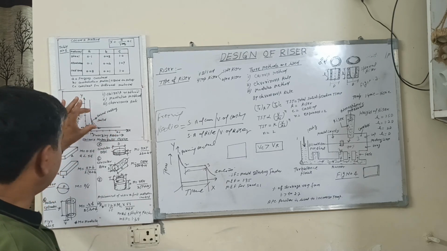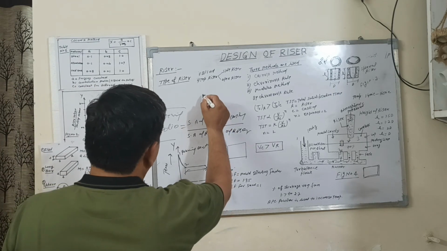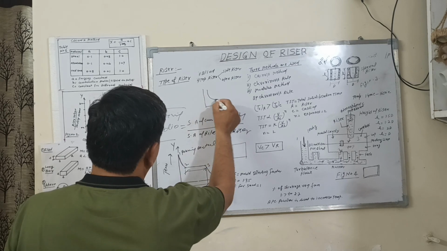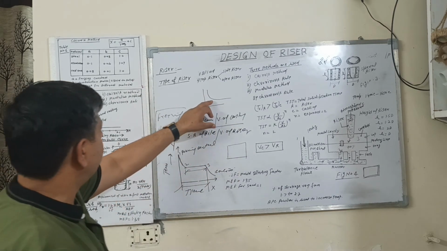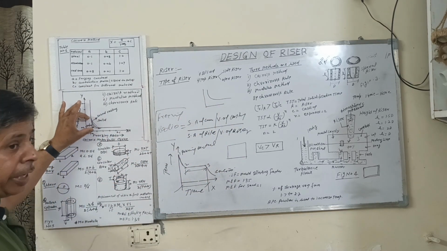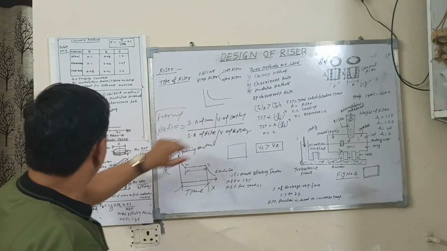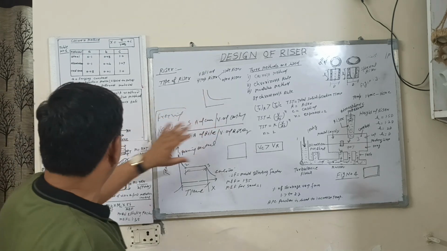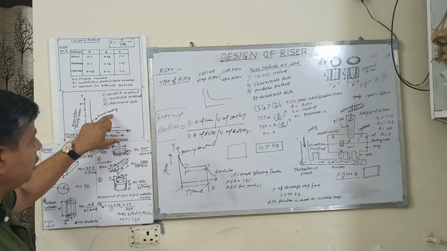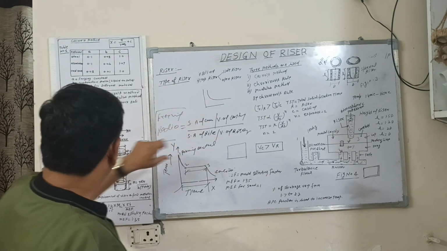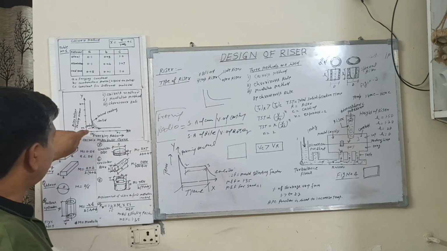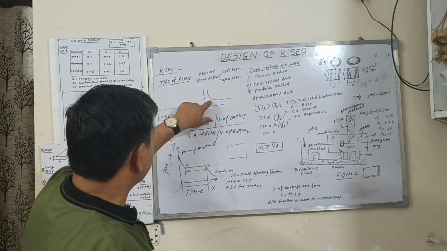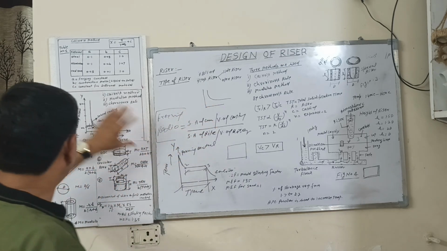What is the meaning of this curve? Your curve will be like this. Match this curve with this one. If your curve is above this line, your casting is very good. If your curve is below this line, your casting will get more shrinkage.